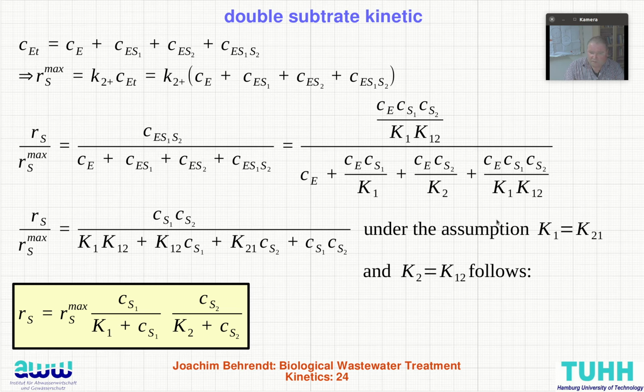Finally, under the assumption that K1 is equal to K21 and K2 is equal to K12, follows the well-known so-called double substrate kinetics, where with the so-called Monod terms the substrates are bound multiplicatively.